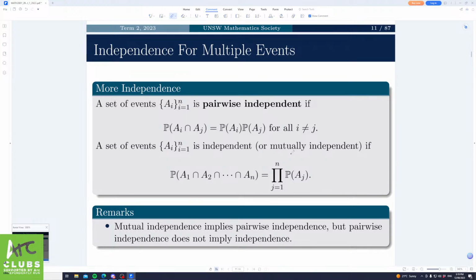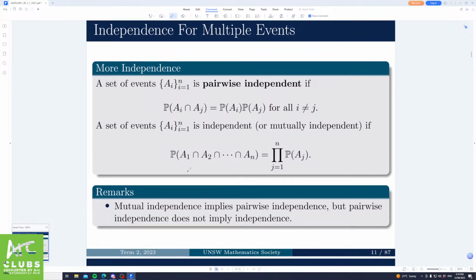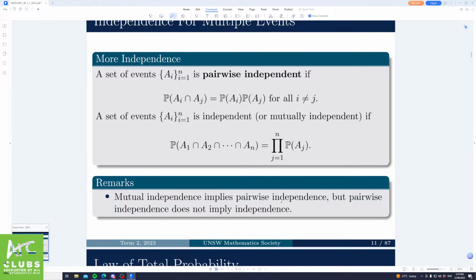And just a side note, if they tell us that a set is mutually independent, that implies pairwise independence. But the same doesn't go the other way around. If they tell us a set is pairwise independent, then we can't necessarily say that it's mutually independent. Okay?